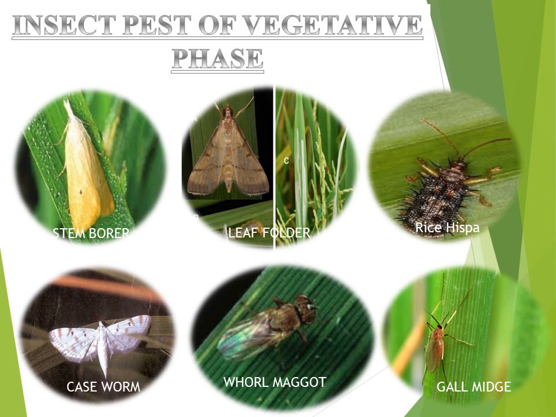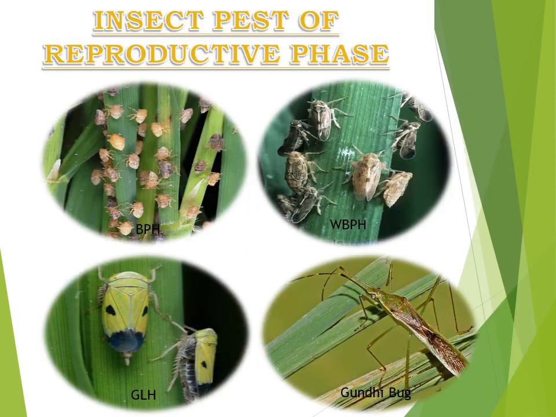Now I will divide the insect pests associated with paddy on the basis of the various stages of the paddy crop. First of all, the stem borer, leaf folder, rice hispa, caseworm, whorl maggot, and last but not the least, the gall midge effectively cause damage in the paddy field during the vegetative phase.